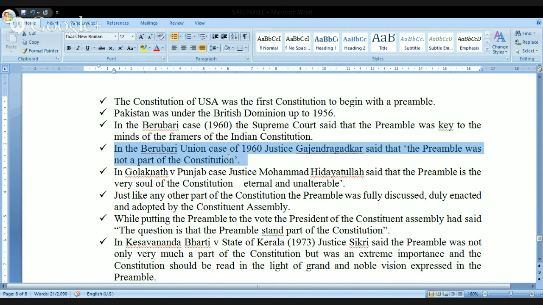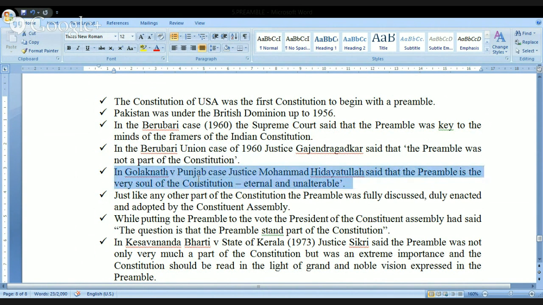Right? This is what we have seen in 1960. In Golaknath versus Punjab case, Justice Muhammad Hidayatullah said that the preamble is the very soul of the Constitution, eternal and unalterable.